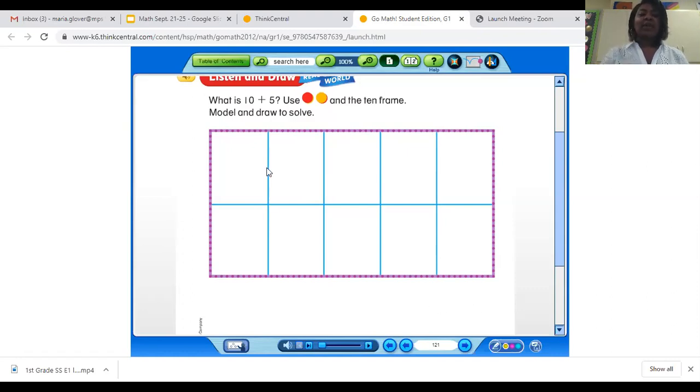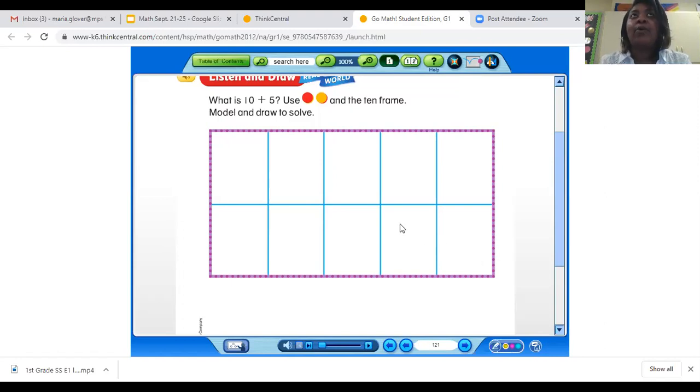So I can put a circle to represent each one of those apples here, okay? So I can put all 10 of my red apples here represented with a circle.